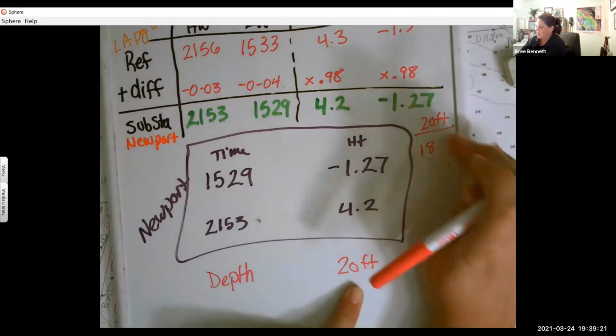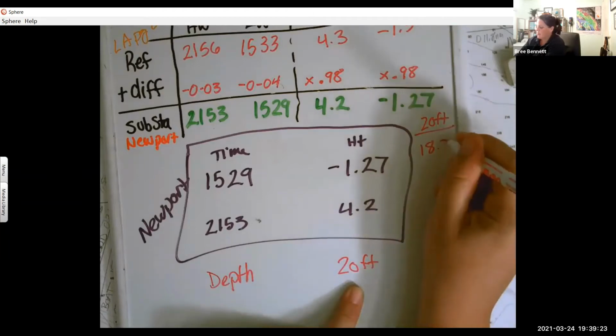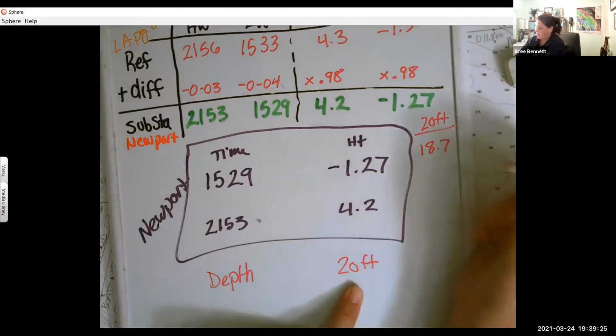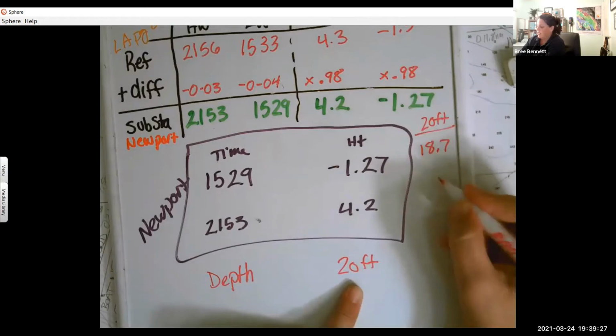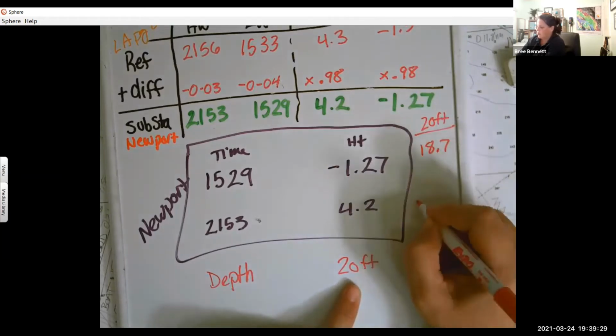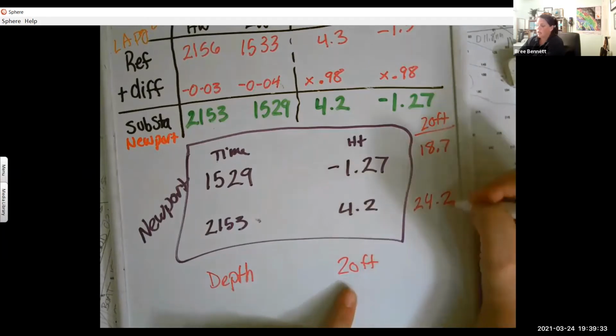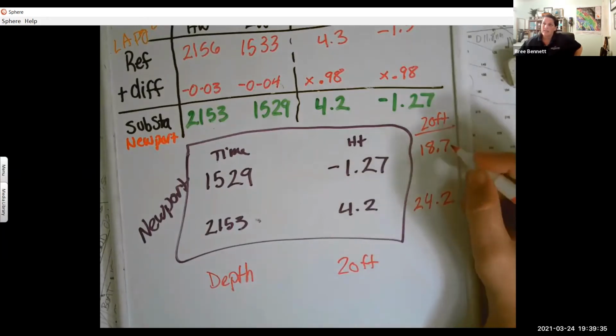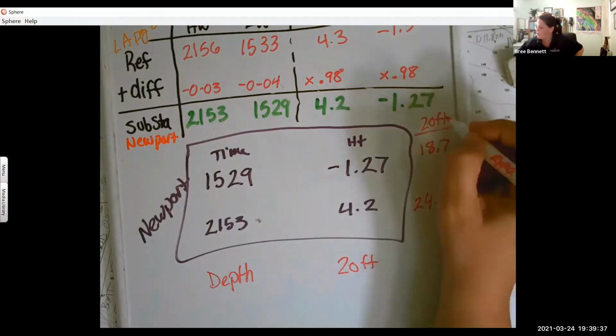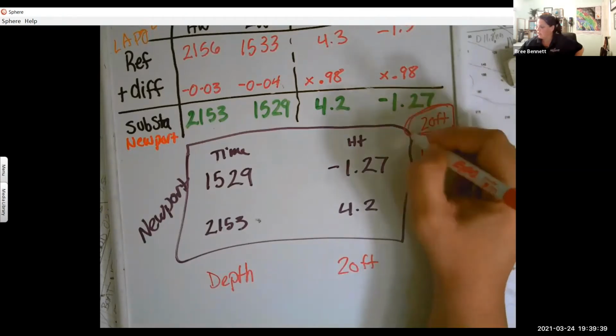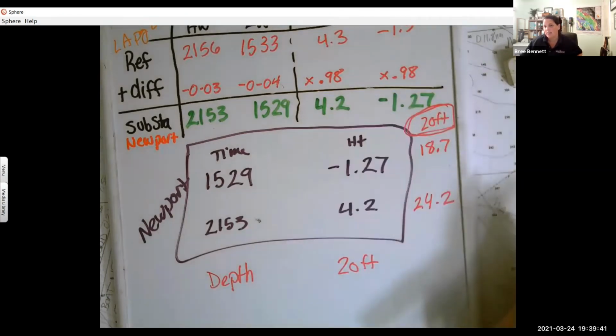Go on the safe route, call it 18.7. And then our high tide would be 24.2. So that's our actual water depth for a 20-foot channel with these tides.